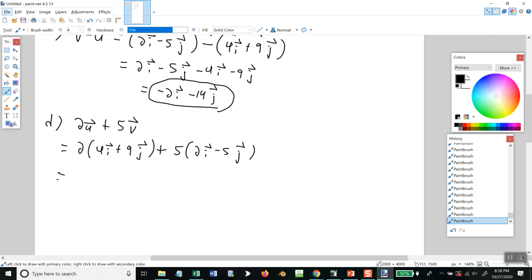First thing I do is use the distributive property, take the 2 and multiply through, and I get 8i plus 18j. Multiply the 5 through. 5 times 2 is 10i minus 25j.